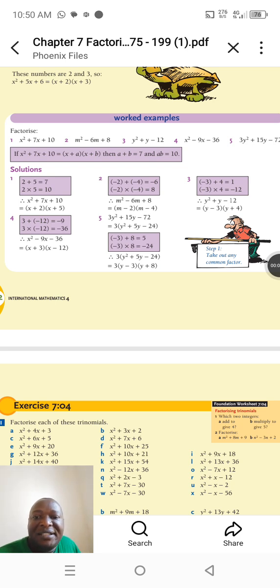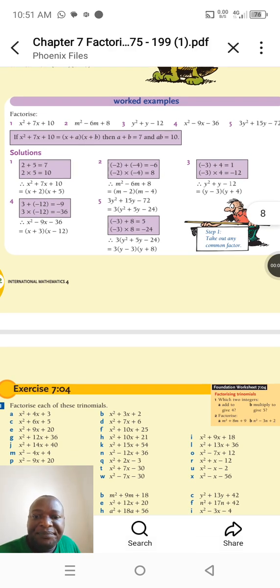So these numbers are 3 and negative 12. So 3 plus negative 12 gives us negative 9. And 3 times negative 12 gives us negative 36. So the factorized format is going to be the variable x plus the number identified 3, into the variable x plus the identified number negative 12. So the expression is going to be x plus 3 into x minus 12.